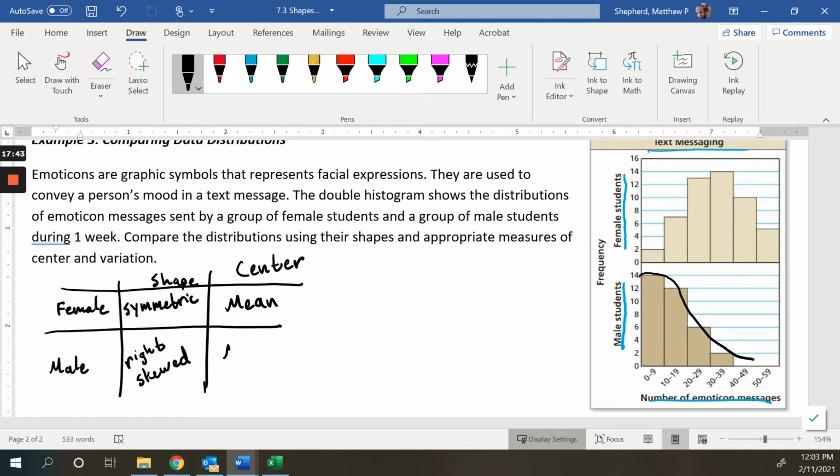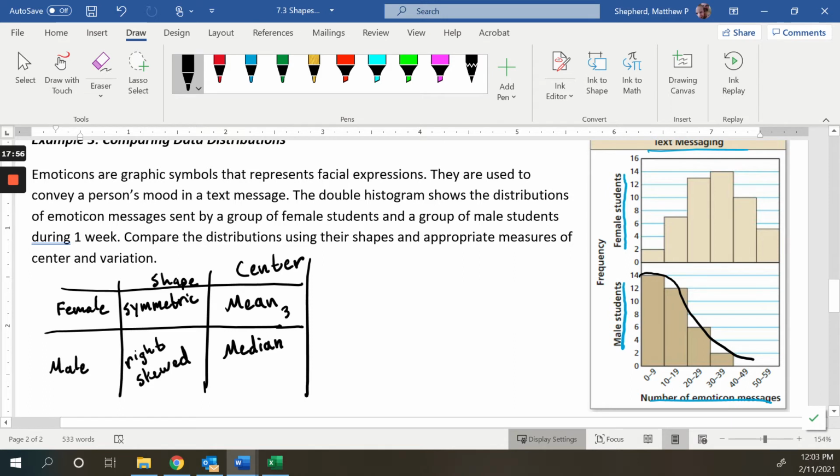Okay, the median is what I would use for the males because that is right skewed. Okay, now my median, and actually I'm going to make sure to write that. So let's say that's about 30 just by looking at it for the females. The median for the males, it's going to be near the peak.